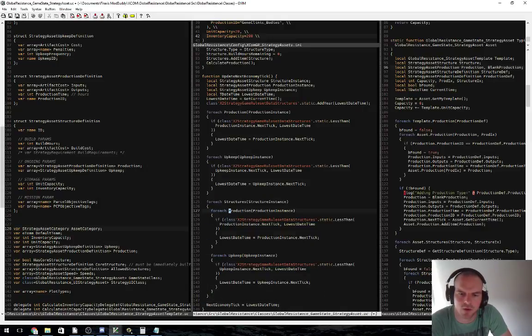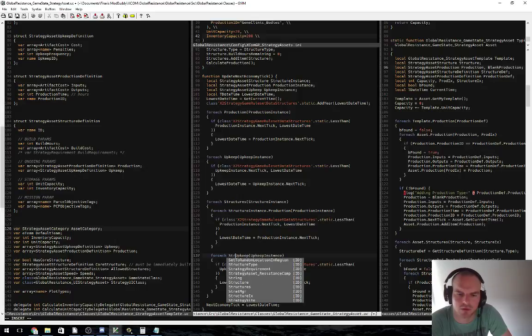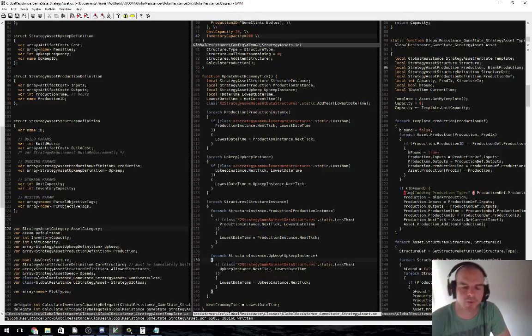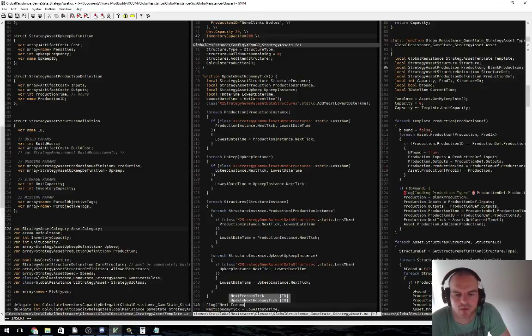So this is now structure instance dot production, and structure instance dot upkeep. All right. Hopefully it gives me some structure there.